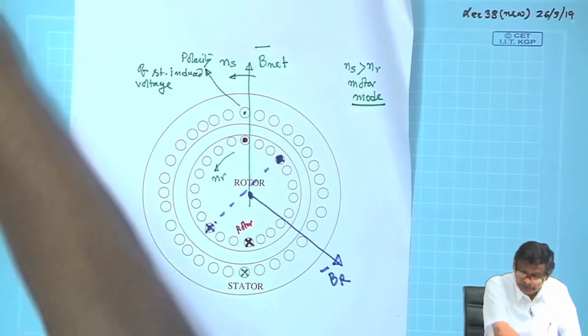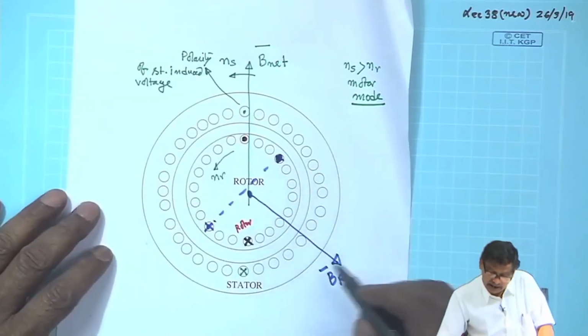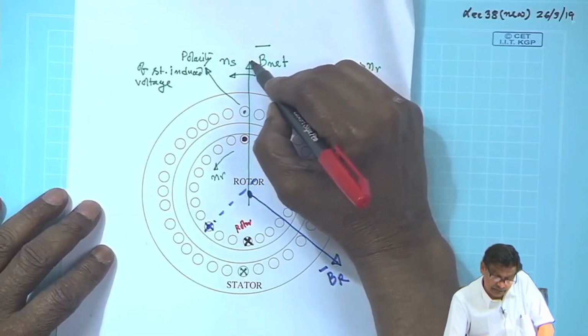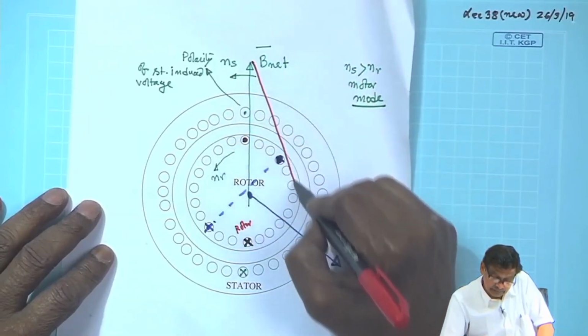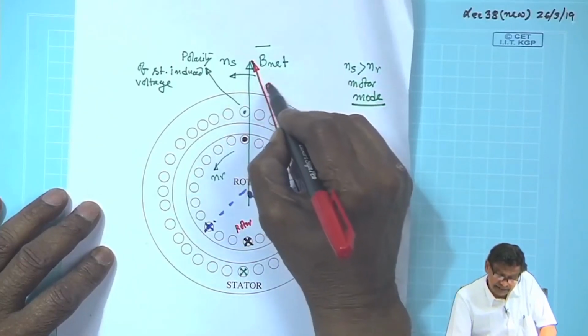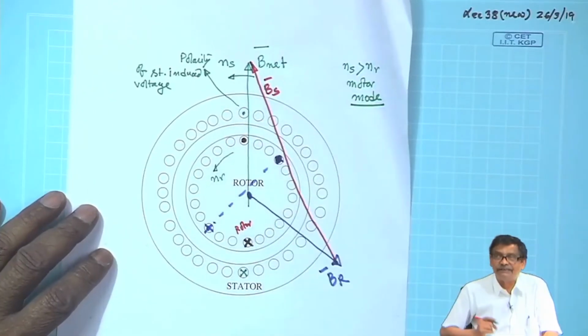And if this is B r, then I will say B r plus, because B net I have already assumed, and I will say this will be your B s, the red one, the stator field.